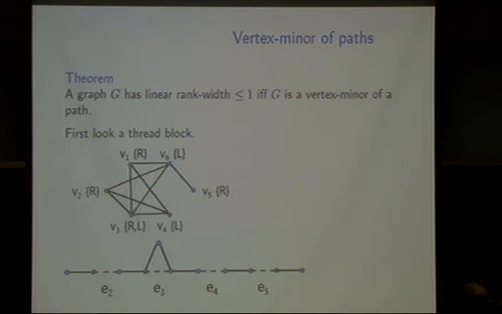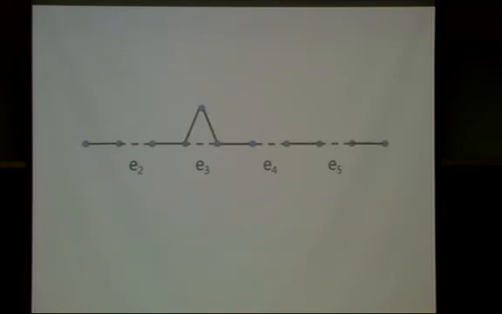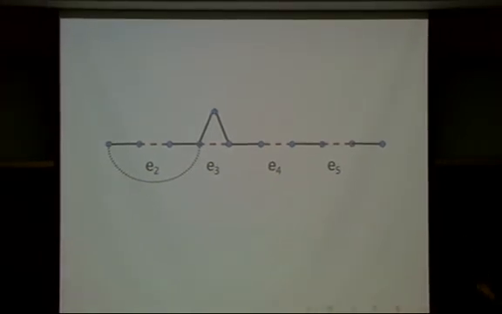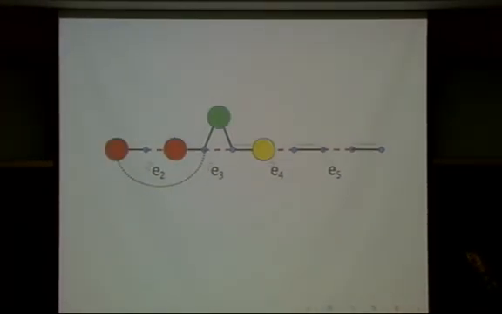And V3 has label R and L. Then we make new vertices and make a triangle with E3. I claim that the thread block is a pivot minor of this something like a path. You just do pivoting consecutively, and you look at E3.